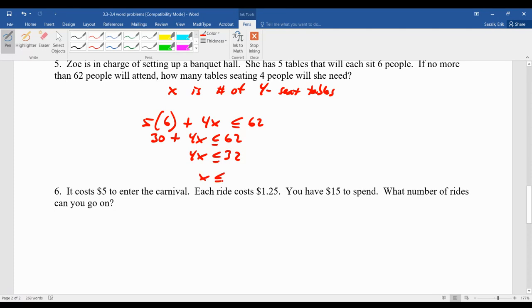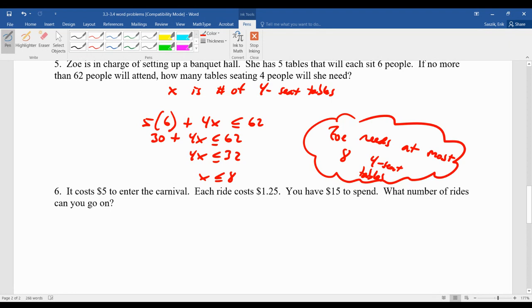And divide, x is less than or equal to 8. So Zoe needs at most 8 4-seat tables. Okay, so that would cover her.